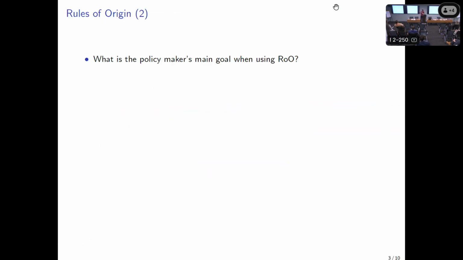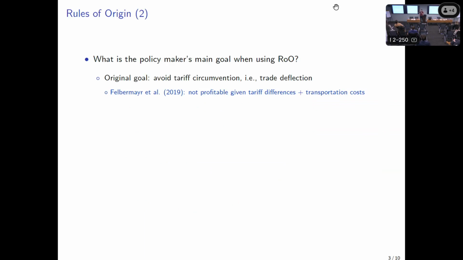Now, what is the main goal that policymakers have in mind when writing rules of origin? Traditionally, the goal was to avoid tariff circumvention, trade deflection. The idea is that if my objective is to export to the US, I may want to first export to Mexico and then from Mexico export to the US. But the only context in which this makes sense is one in which US MFN tariffs to third countries are much higher than Mexican MFN tariffs to third countries.